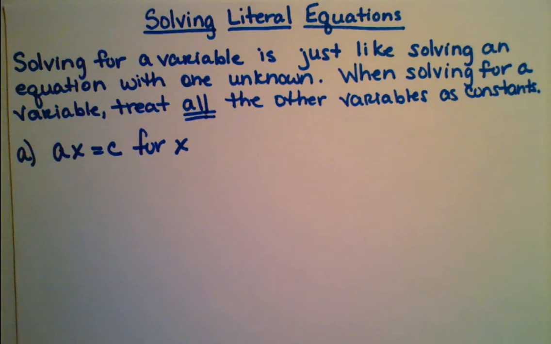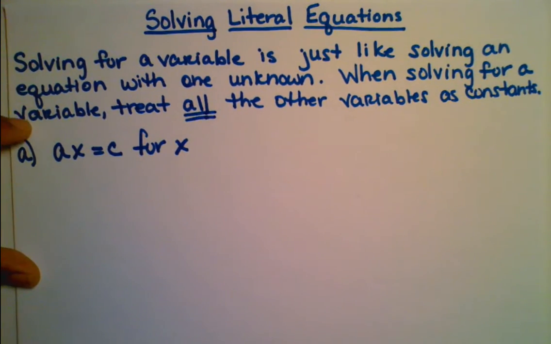So solving a literal equation is just like solving a linear equation. We're going to follow the same procedure, the same steps. Solving for a variable is just like solving an equation with one unknown. When solving for a variable, treat all the other variables as constants.